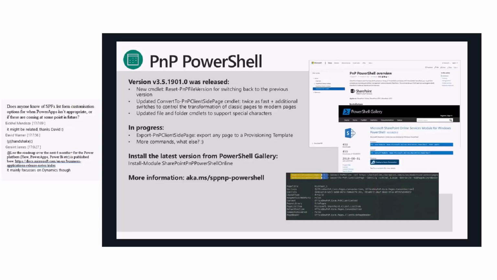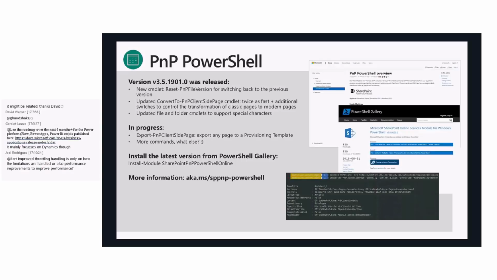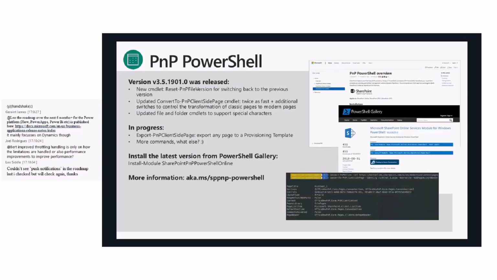What is coming in the upcoming February release will be a function to export a client-side page to a provisioning template. We know that when you export a template from a site, we only include the home page, but sometimes it's handy to get other pages too. Now we have a commandlet that takes a single page and generates a provisioning template of that single page.